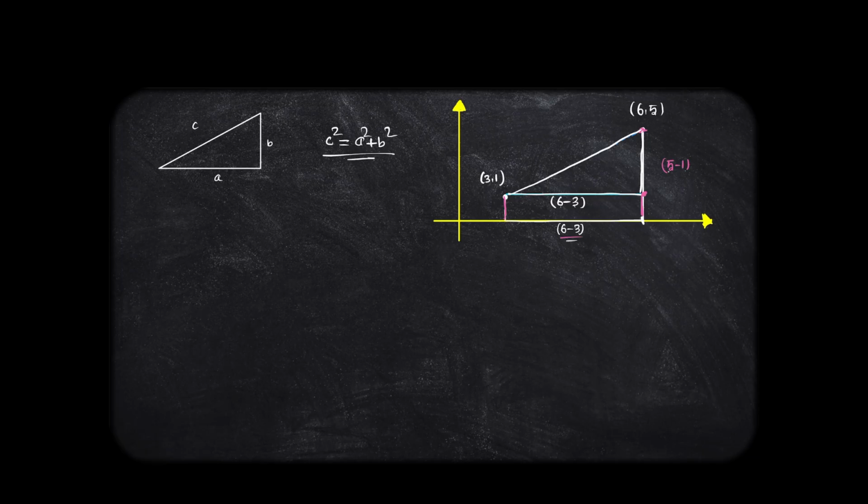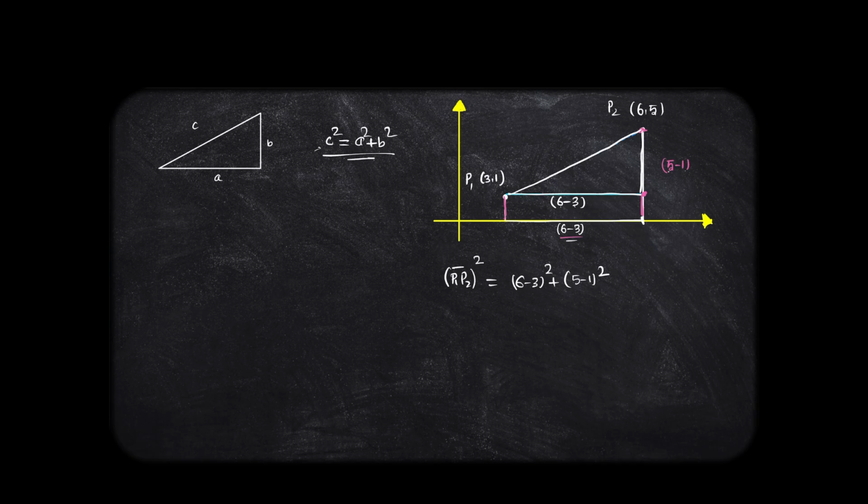Using the Pythagoras theorem, if we say this is my P1 point, this is my P2 point, then P1P2 square, that is hypotenuse square, equals 6 minus 3 whole square, right, plus 5 minus 1 whole square. Now you see, actually we are looking for the P1P2 distance, but we got the square.